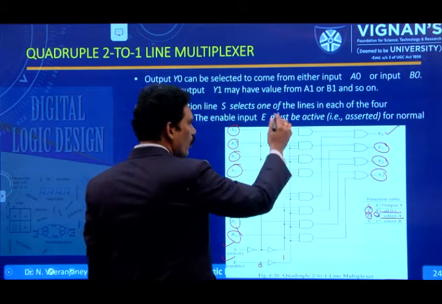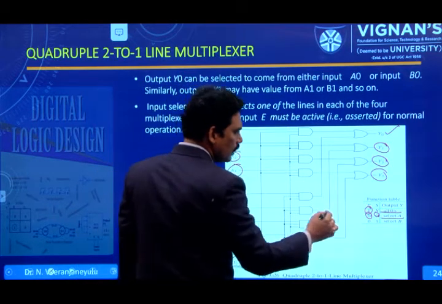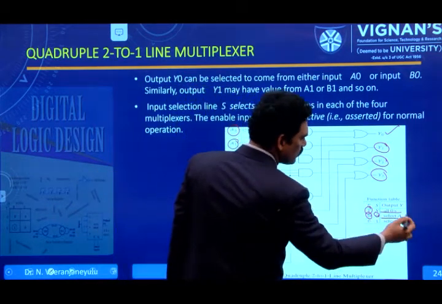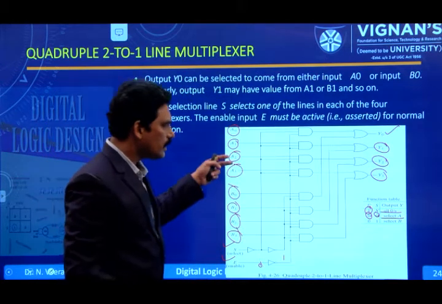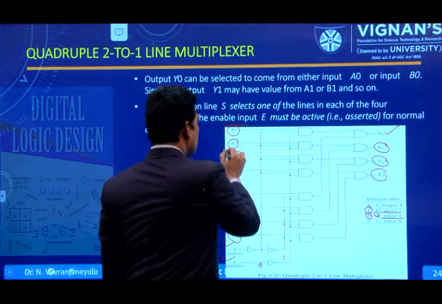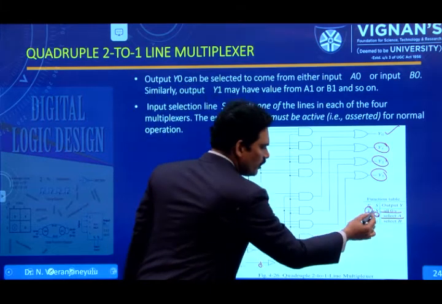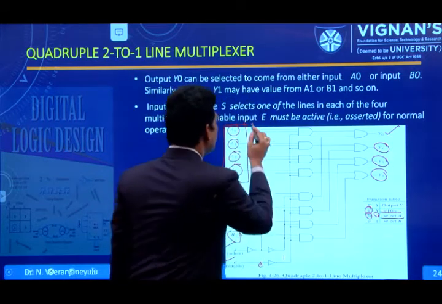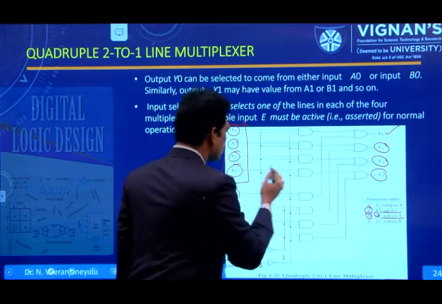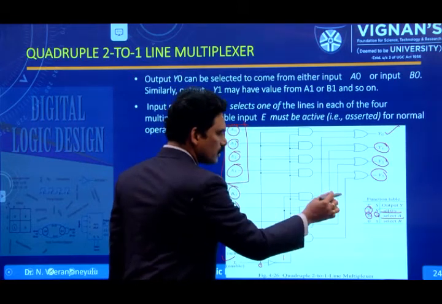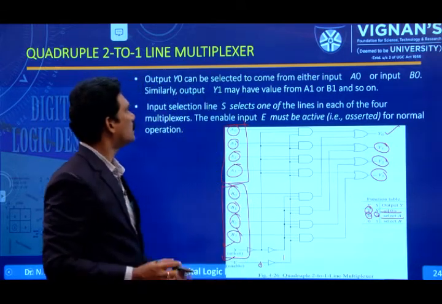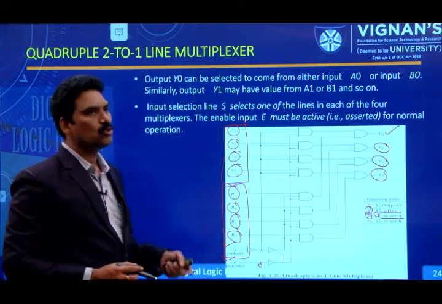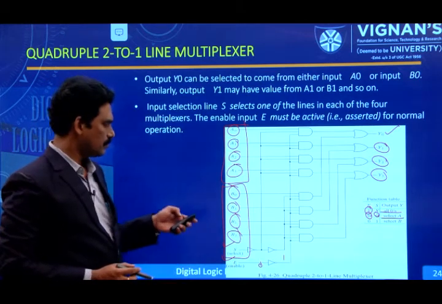A means one multiplexer. If S is 1, it selects B, another multiplexer. If the value of S is equal to 0, it selects this part, and if S is equal to 1, it selects this part. So, this is about quadruple 2 to 1 line multiplexer.